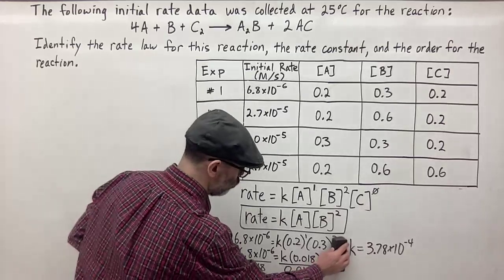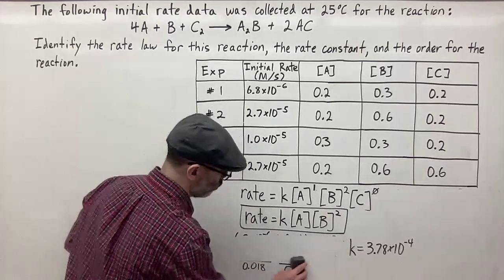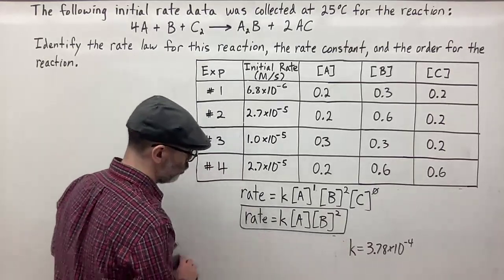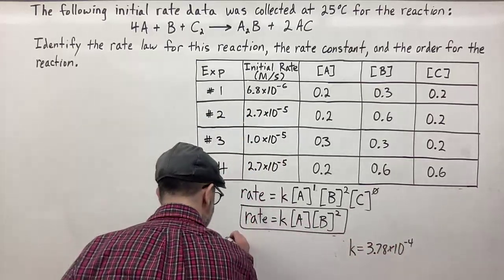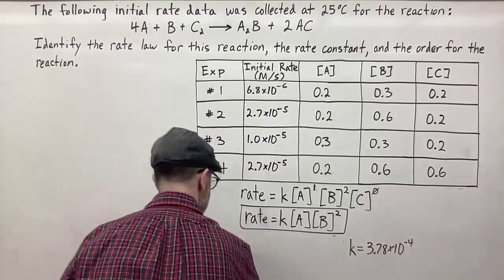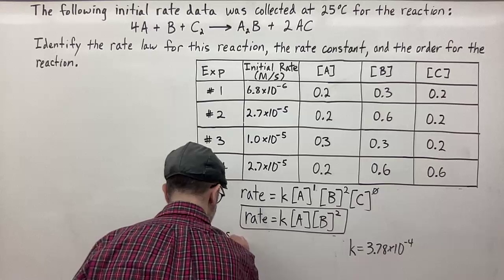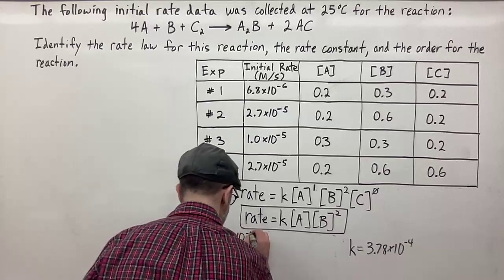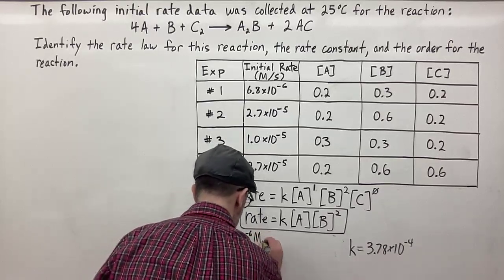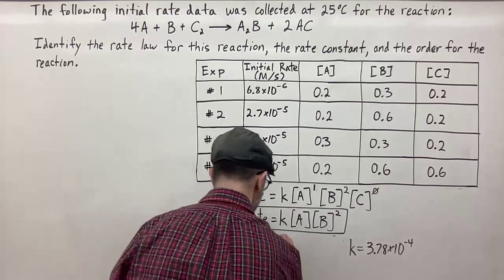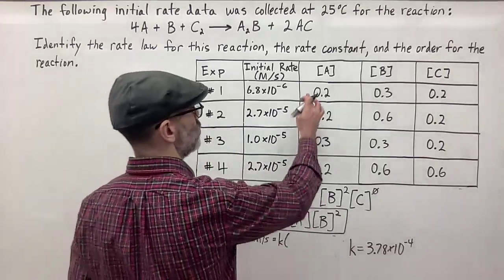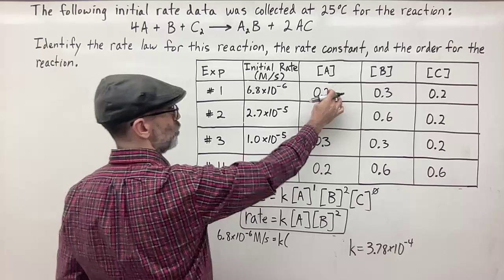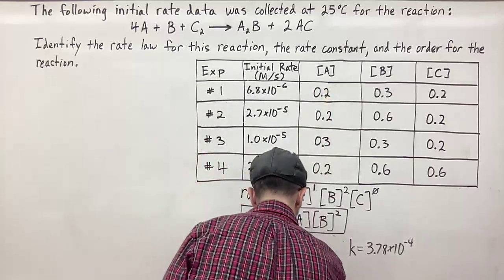So if I redo this, we should actually redo it with the units just so you can see how we get the units for K. So for the rate, again, that was 6.8 times 10 to the negative 6, and that's molar per second is equal to K times A, and this is molarity, the concentration of molarity, so it's 0.2 molar.